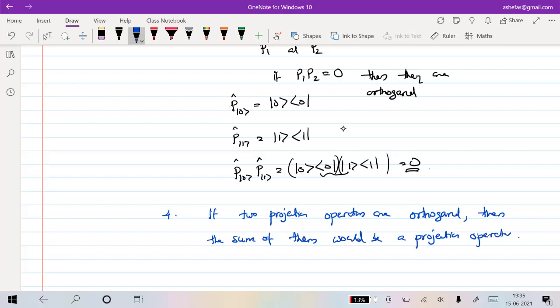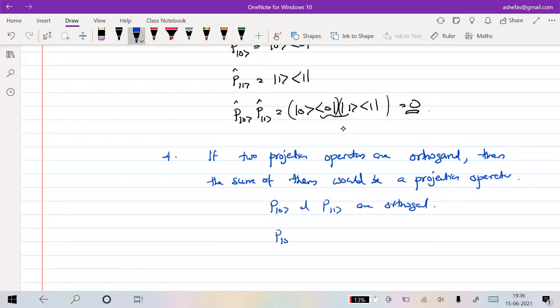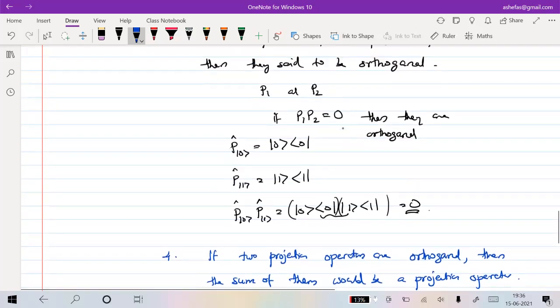So if you have two orthogonal projection operators, like we said earlier, P0 and P1 are orthogonal, then their sum would be another projection operator. Then P0 plus P1 would be a projection operator. Okay, so these are the four properties of the projection operator.